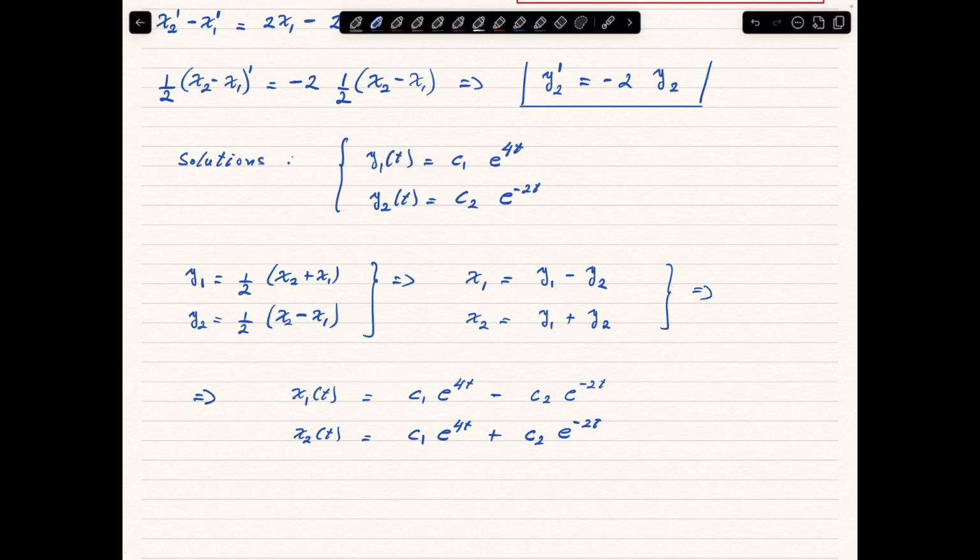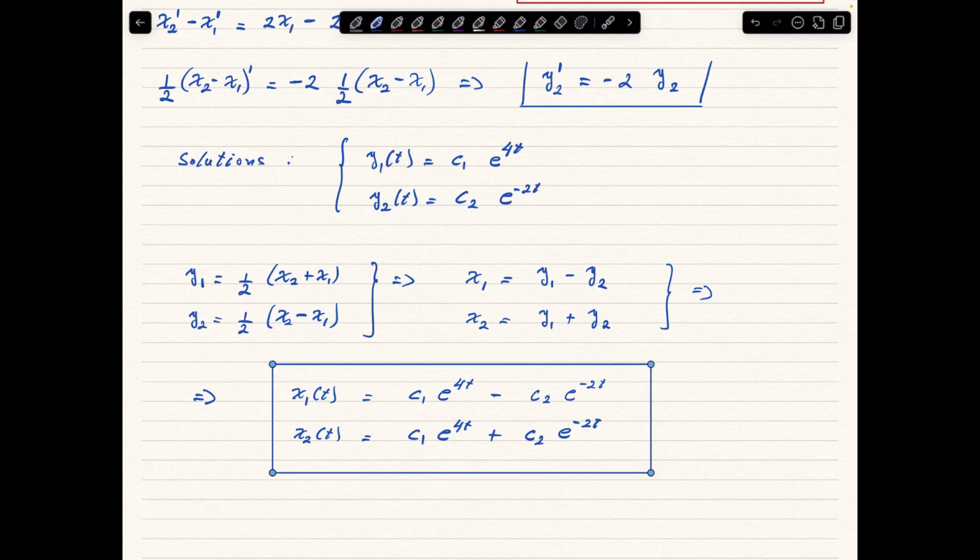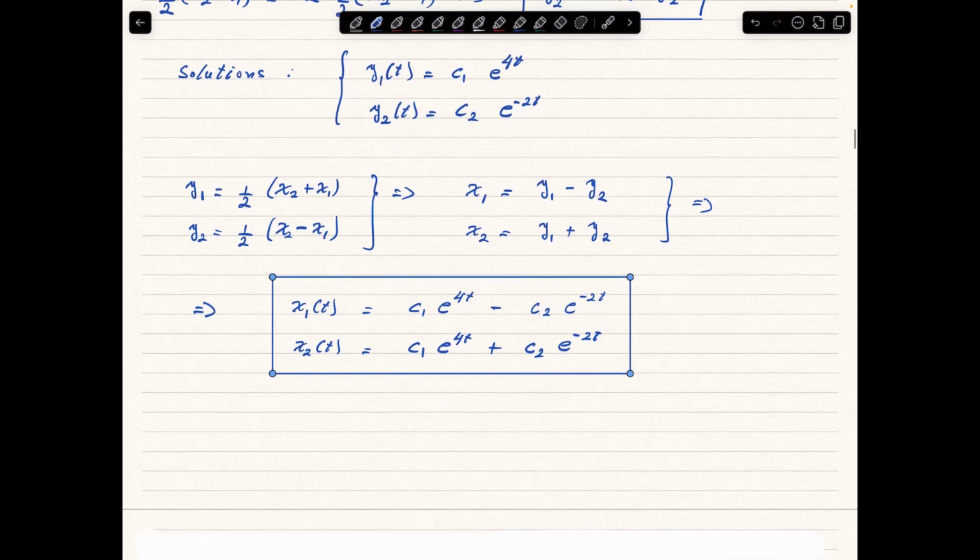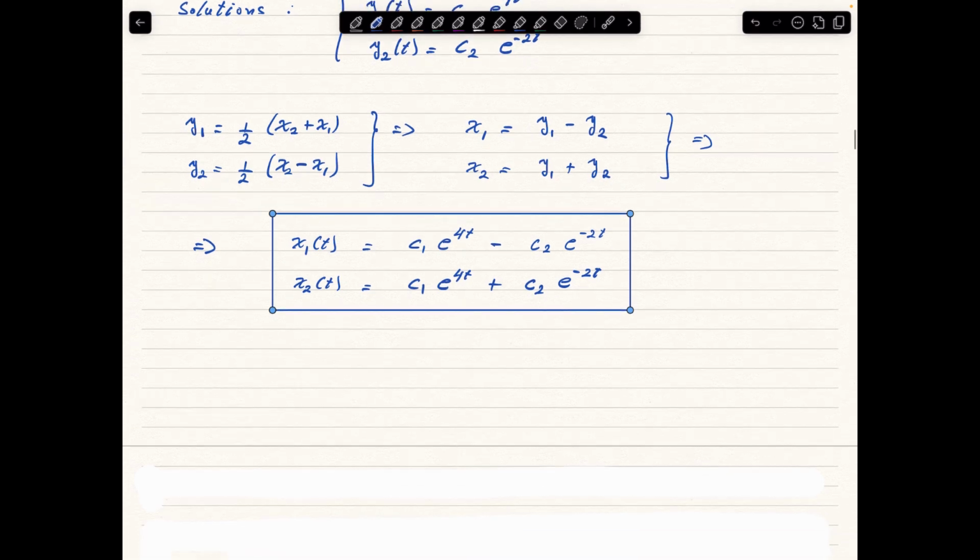This is the solution we found before by magic, and now we find it by calculation, by decoupling the system with the information of the eigenvectors. And from here we get the solution in vector form, of course, which is c1 times the vector (1, 1) exponential 4t, plus c2 times the vector (-1, 1) exponential -2t.